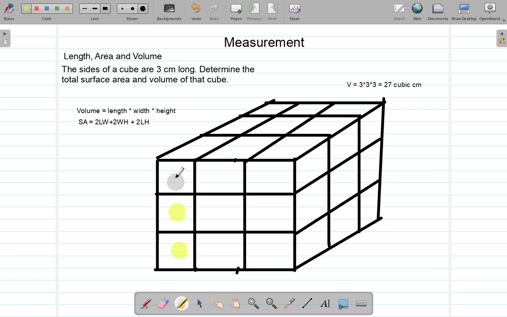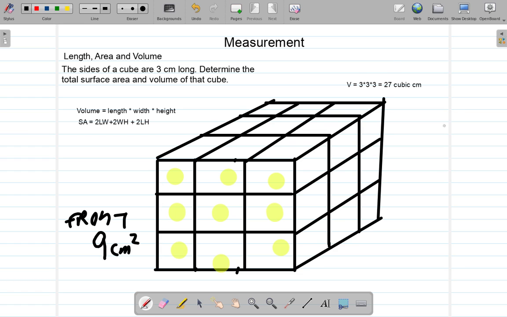So it's 1, 2, 3, 4, 5, 6, 7, 8, 9 at the front. Now, that being the front of it, are we looking here? That's the front. You will have 9 centimeters squared at the front.